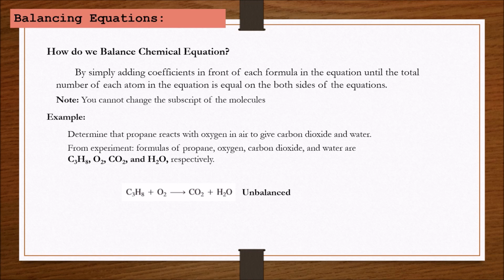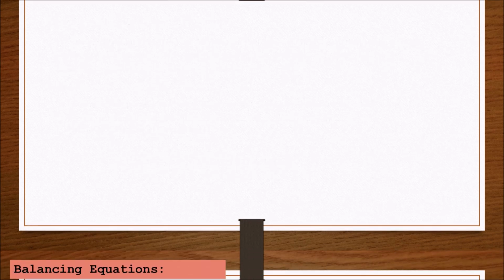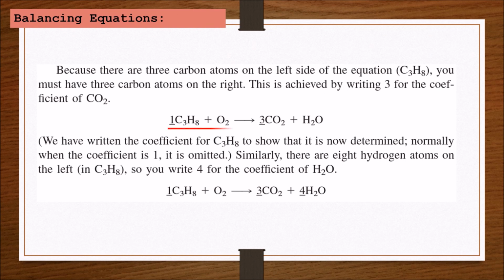As you can see, because there are 3 carbon atoms on the left side, in C3H8, you must have 3 carbon atoms on the right side too. To achieve this, you write 3 for the coefficient of CO2.